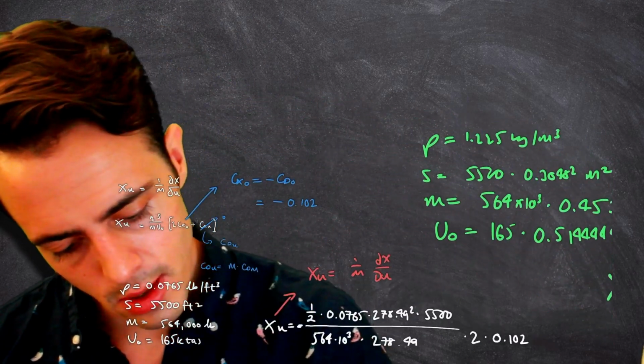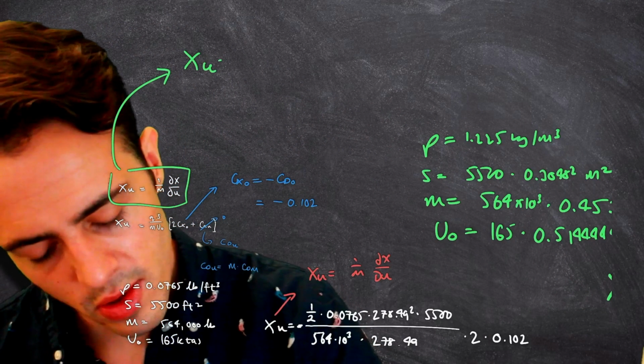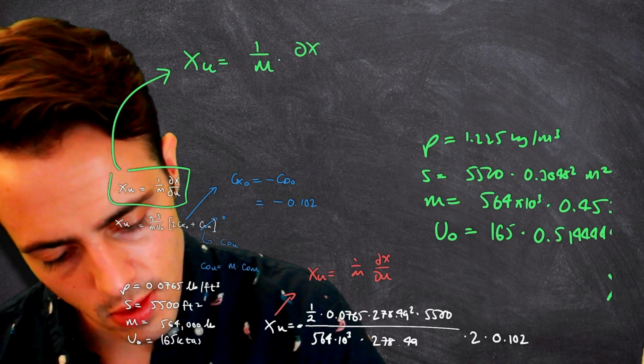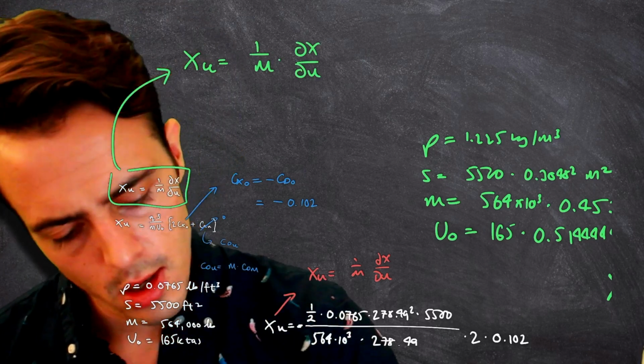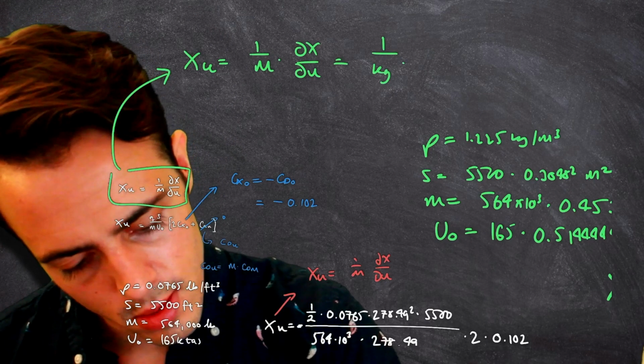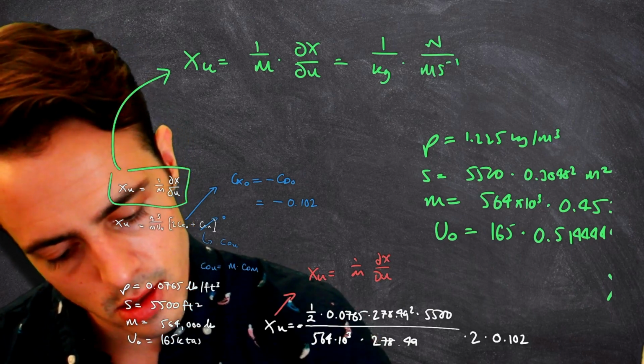So let's have a look at Xu. Xu is equal to 1 over m multiplied by dX on du. So that's going to be 1 over kilograms multiplied by newtons on meters per second.